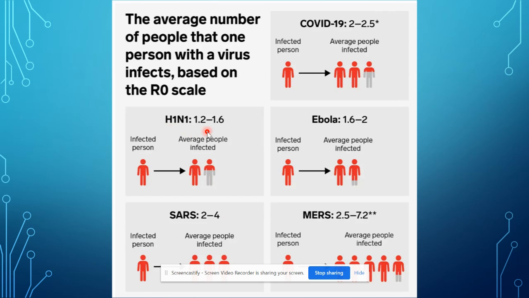H1N1 was a flu virus. You'd infect between 1.2 and 1.6 people. So as you study this infographic, think, what conclusions can I draw? Don't give me a detail. Give me a conclusion. What is true about the comparison between COVID and H1N1, or the comparison between COVID and Ebola, or what thought does looking at this make you have?